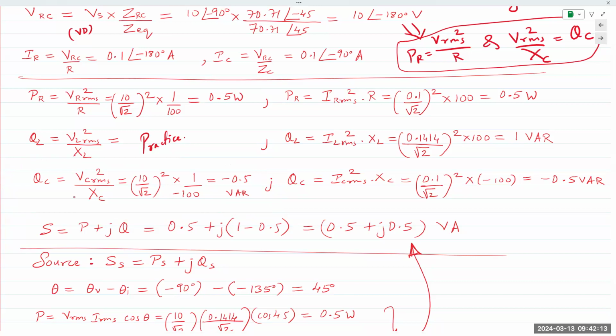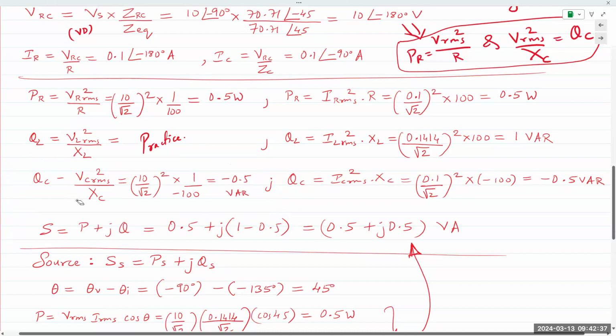Here is the answer to your earlier question. Voltage across that capacitor had a magnitude of 10. Magnitude would be the VM, the peak value. To find the RMS value, we divide by √2. So that's what we're doing here. I want everybody to make a note of this.